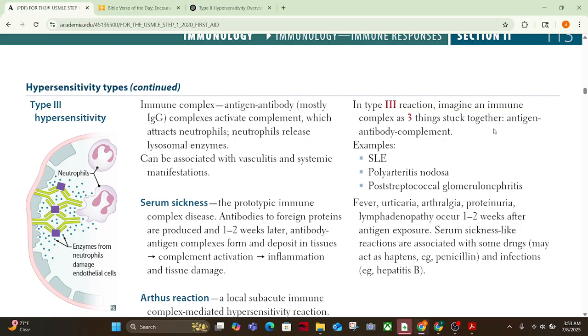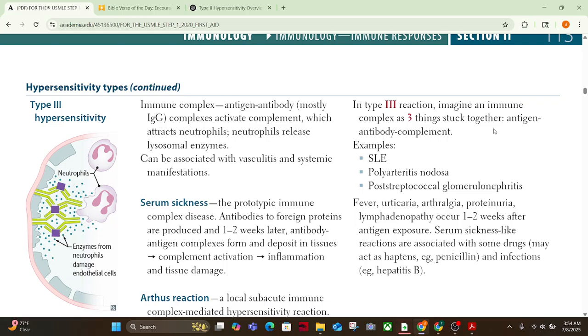So first, what happens? You have antibodies against whatever antigen you're infected with, and then you have antigen antibody complexes that form, and these complexes go and deposit in your kidneys, your skin, your joints, and then you have complement activation, and then you have inflammation.